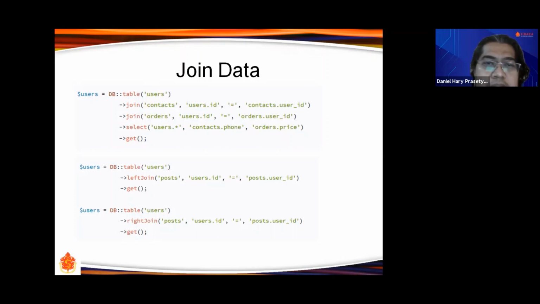For example, if there are 10 users in the user data, you must have 10 or more data in contacts, but every contact has to be linked with users. If we use left join, users and post, for example, we can still have a user that does not have post data. So maybe there will be a user and a blank post in our result.